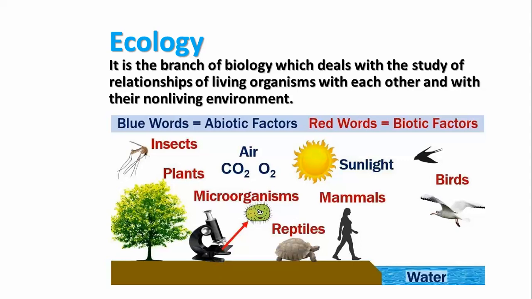So all those components which make up our environment are actually related to the living organisms. Living organisms are dependent upon their environment. They are in a strong relation with their environment. So this is ecology, under which we study the relationships of living organisms with each other and with their non-living environment as well.